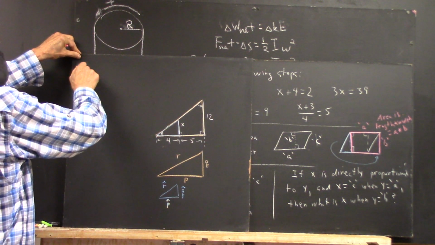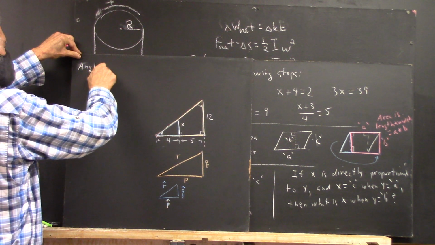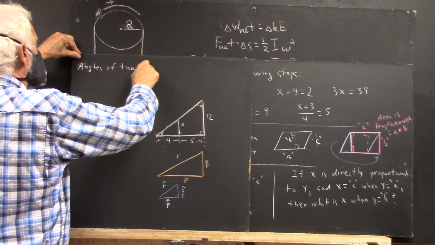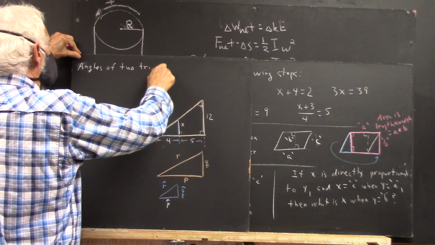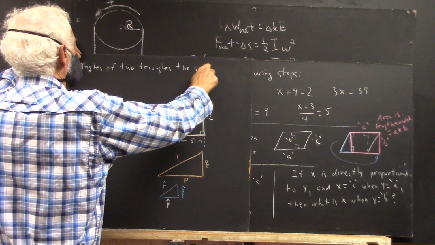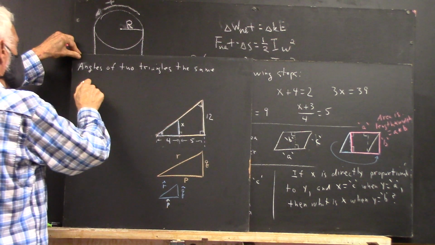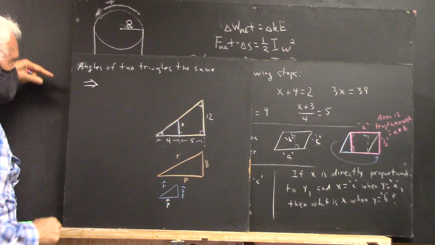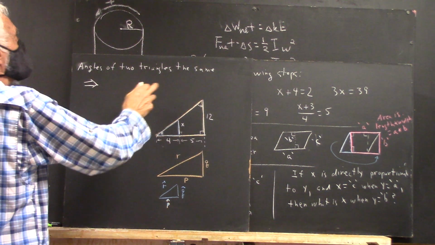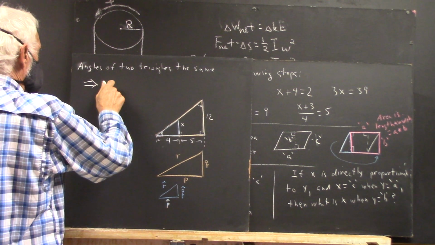I'm gonna write it all out. Angles are the same, implies. It's not an equal sign, that's an arrow with a little bit of attitude. Angles of the two triangles the same implies similar.